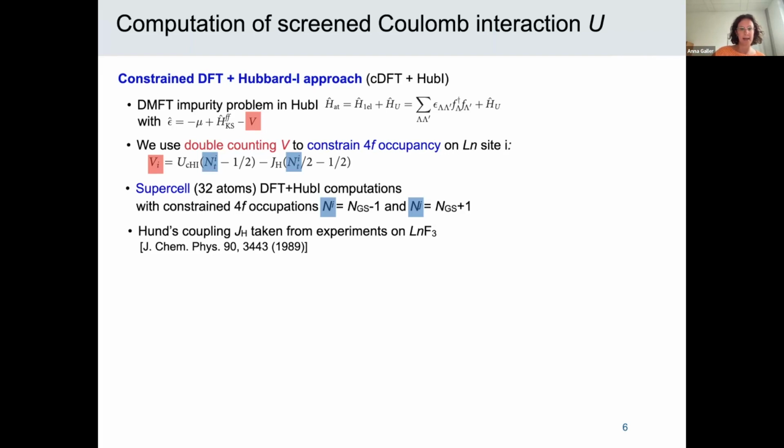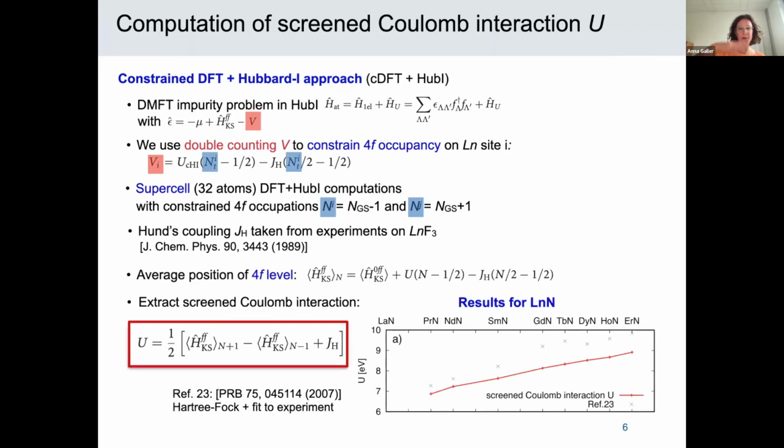Then I run my DFT plus Hubbard-1 computations until they converge. And then I can extract my screened Coulomb interaction essentially from the difference in the position of the 4f levels between the two rare earth sites where I constrained my occupancies.